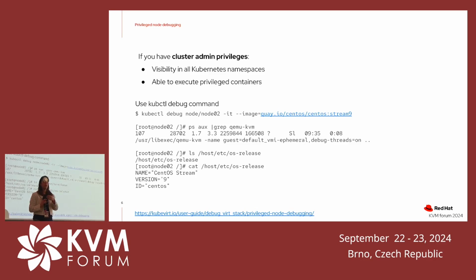For example, it's running in the same PID namespace as the host, so you are able to see all the processes that are on that node. Another thing you can see is that the root file system of the host is mounted in this directory. So under host, you can, for example, inspect the release. This is something that you can get easily with this command.